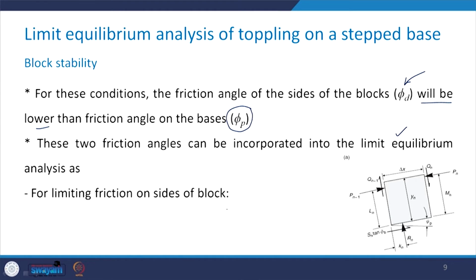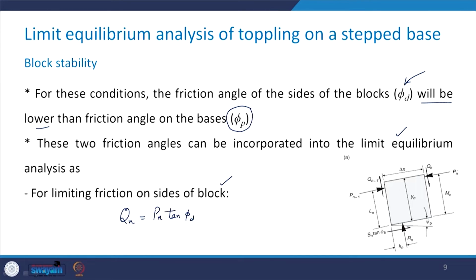So, for the limiting friction on the sides of the block, we can write that Qn is equal to Pn tan of phi d.